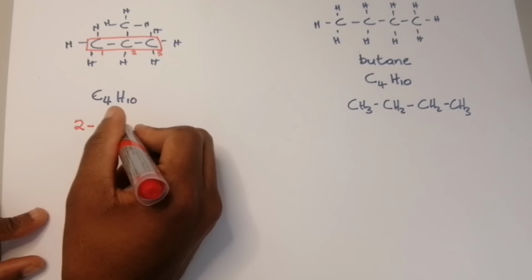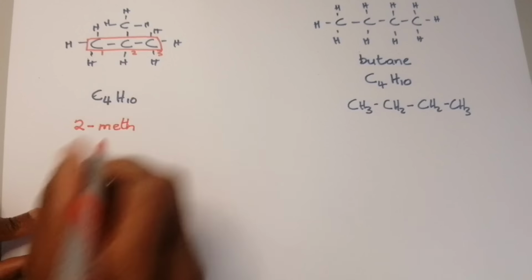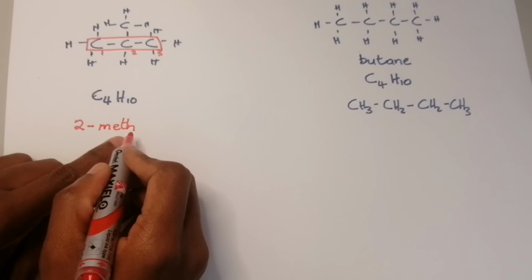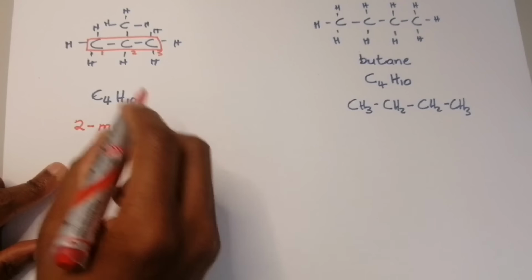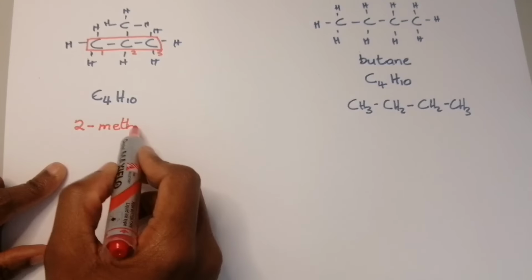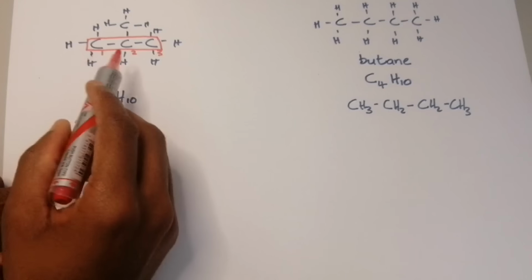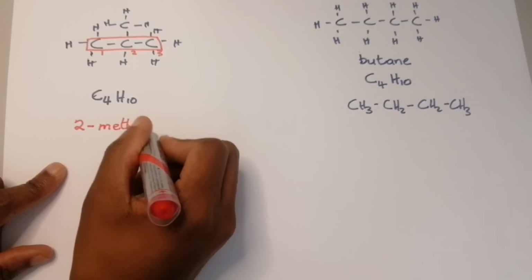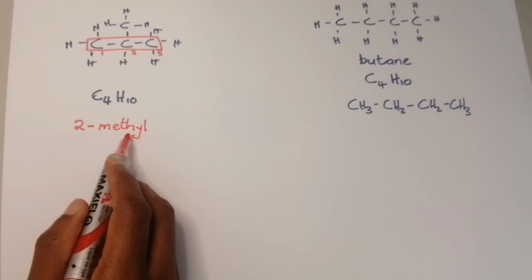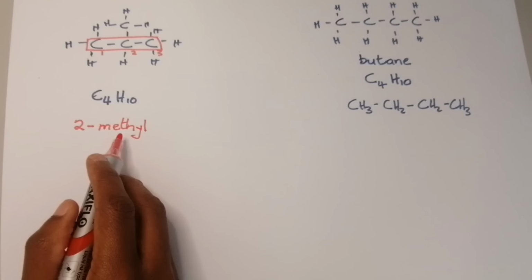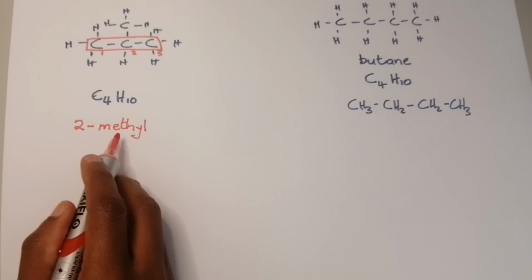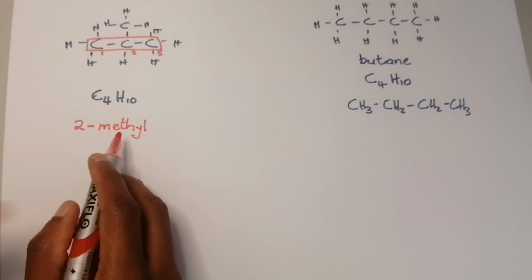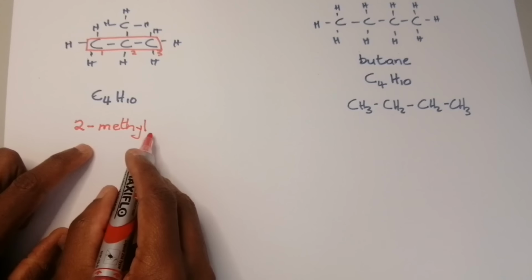So this is 2-meth. Now note that meth is a prefix. To finish off the word without necessarily finishing off the name, we use the suffix -yl. So this becomes 2-methyl. It's an alkyl group. Once you put the suffix -ane or -ene or -yne, you simply mean that you are done naming. So this is going to be 2-methyl.